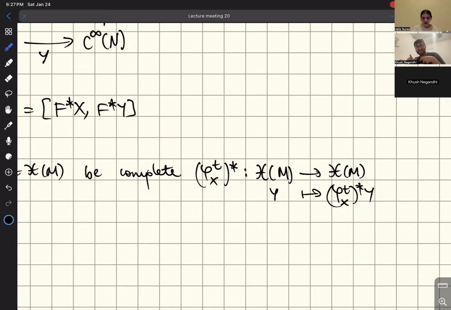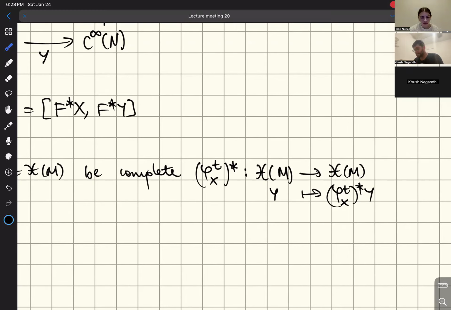You have some flow, it pushes everything forward a little bit in the direction of X, and then you're pulling Y back. And now the idea is that if I take the derivative at 0, I'm basically saying, if I move just a little bit in the direction of X, how much does Y change?